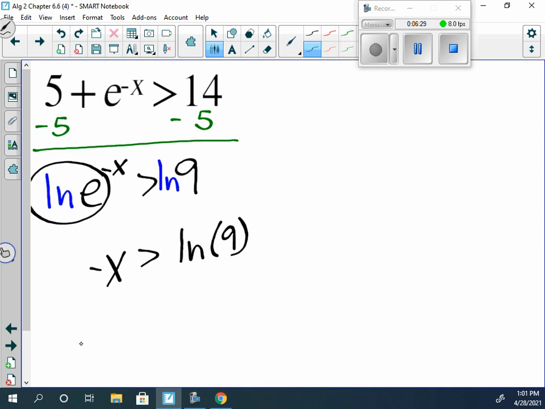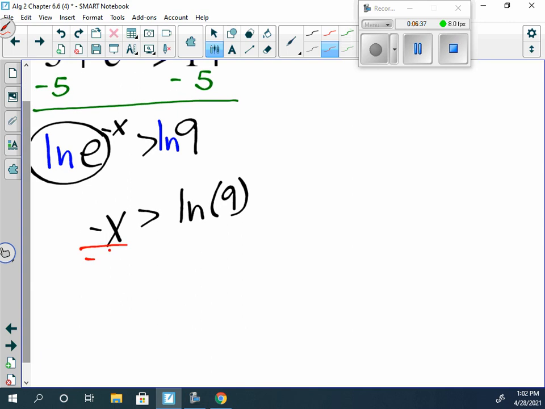And then what? We can divide by negative 1, yes, because we need x to be positive. A negative divided by a negative is a positive, and x divided by negative 1 is x. Over here we're getting negative natural log of 9.